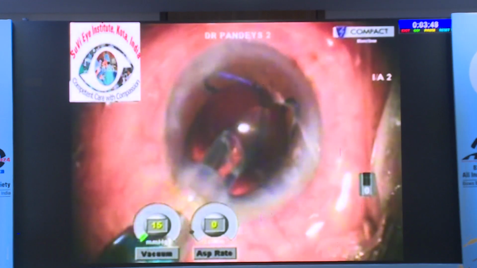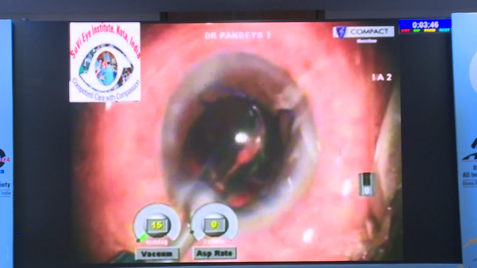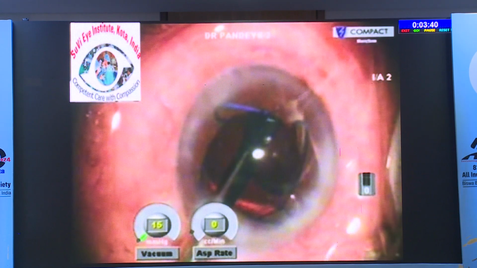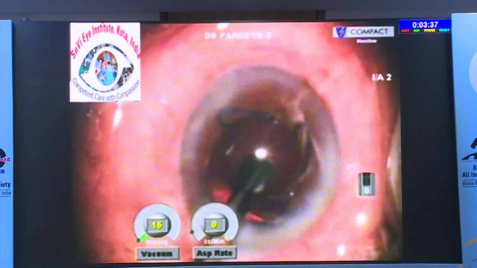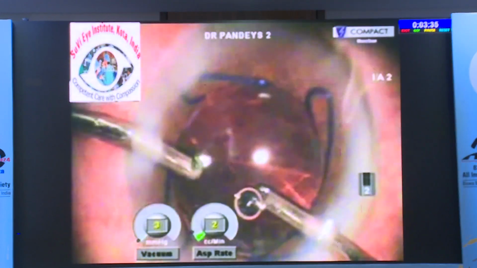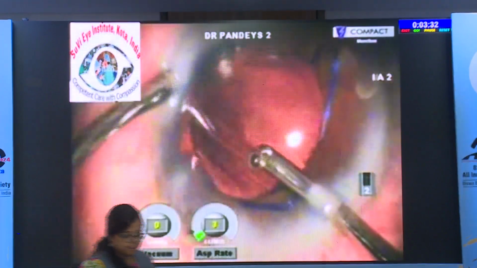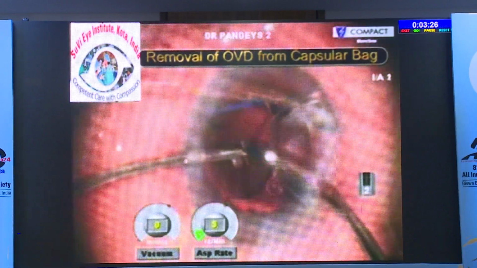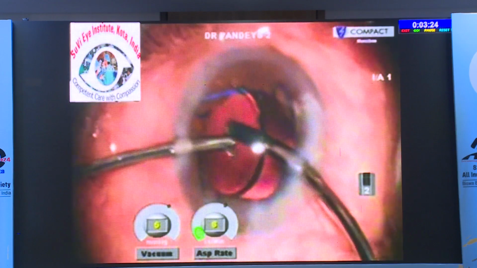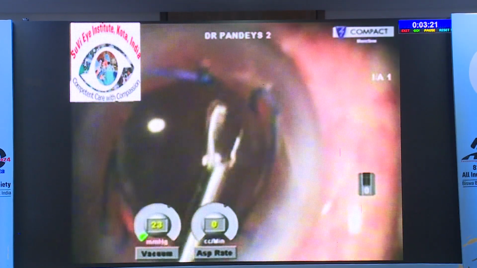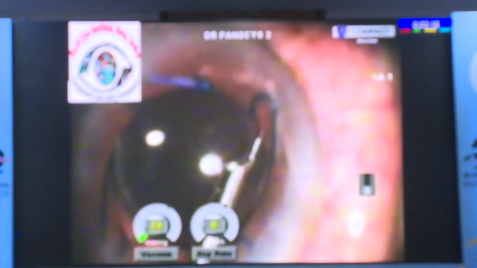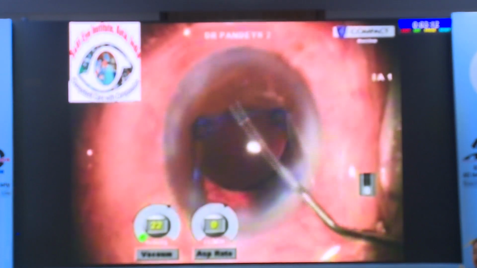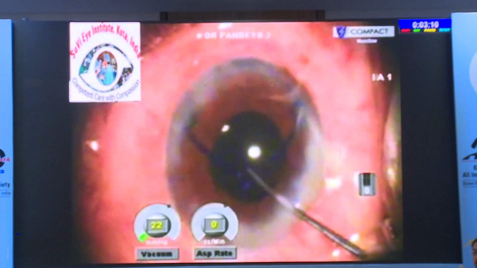After bimanual irrigation aspiration, we prefer hydroimplantation of the IOL, and complete removal of the viscoelastics from the capsular bag. And now the Malyugin ring is being removed, gently, so as to avoid damage to the iris.